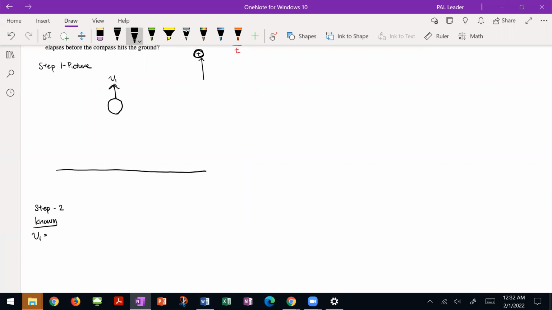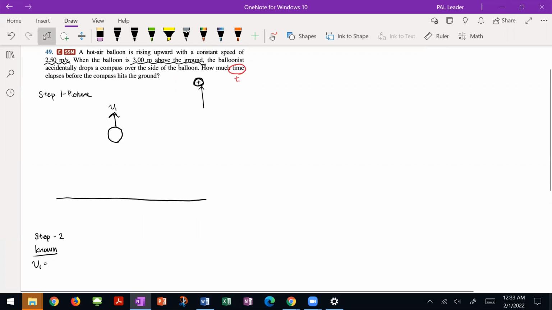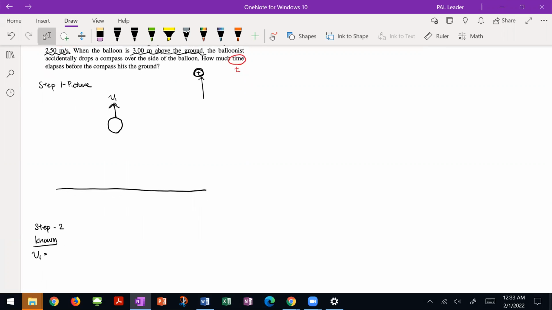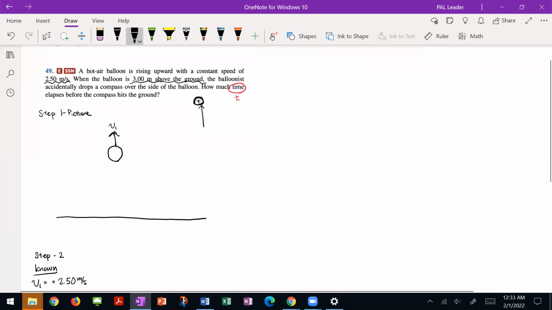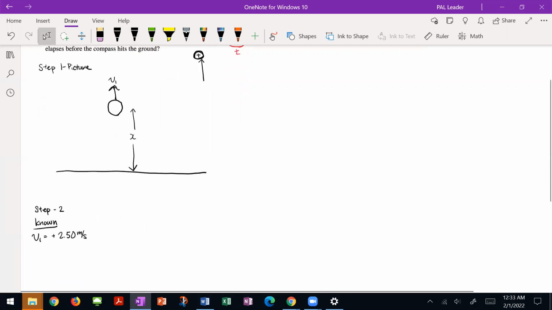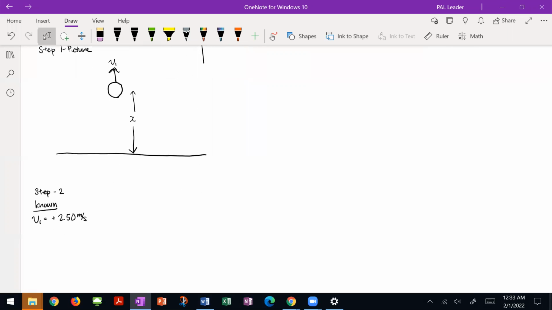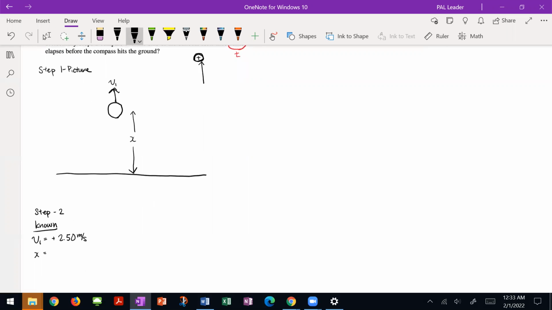So, since the initial velocity is positive and is going up, it's going to be positive 2.50 meters per second. Okay, and when the balloon is 3 meters above the ground, I'm going to make this x, or y, doesn't matter. It's just displacement. X is 3 meters.